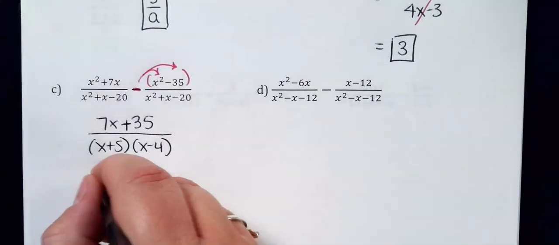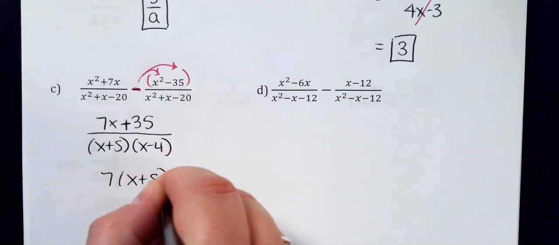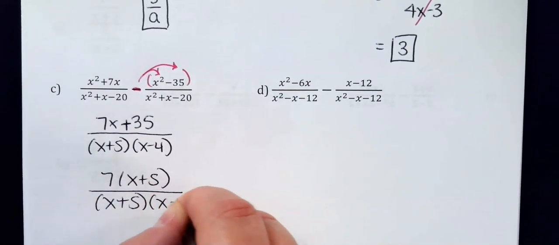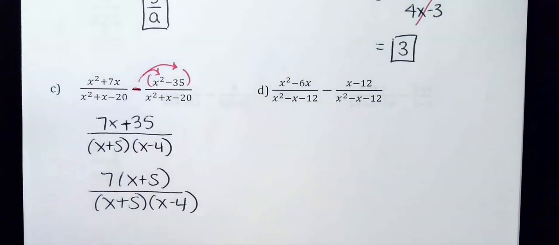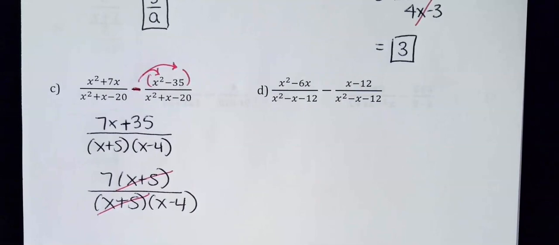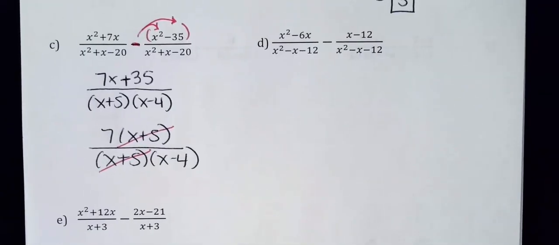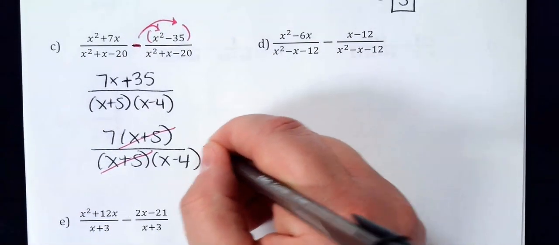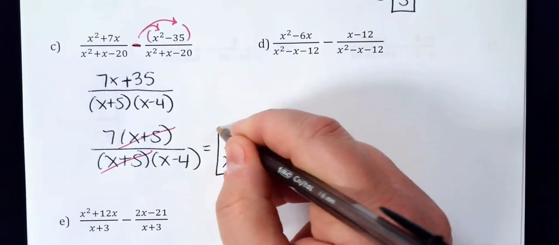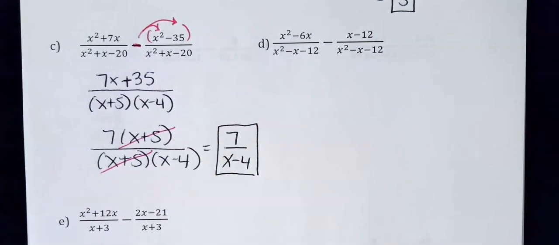Okay, and so we'd have the x plus 5. Now I've got a product on the top and a product on the bottom, and in this example one of the factors on the top, the x plus 5, does match one on the bottom. It doesn't always happen, but if it does, you can cross it out. So my answer here would be 7 over x minus 4, and we can't go any further than that.